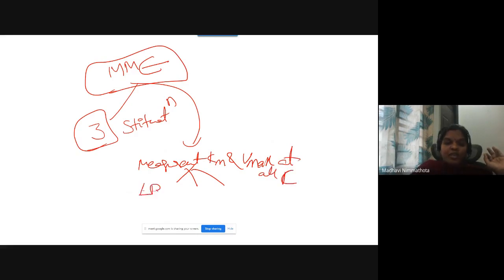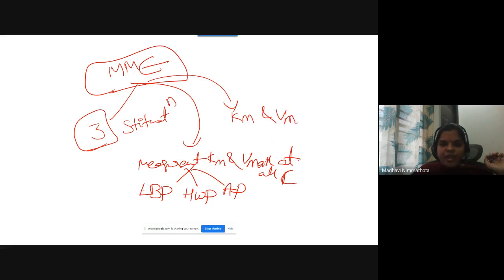So Lineweaver-Burk plot, Hanes-Woolf plot, and Augustinsson plot. And then you can learn measurement of Km and Vmax at steady state also, CSS. Here you have three different methods. Same Lineweaver-Burk plot, and then you have a direct plot and then a graphical plot.